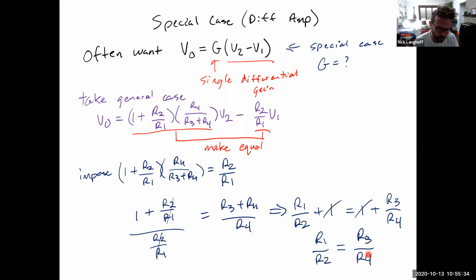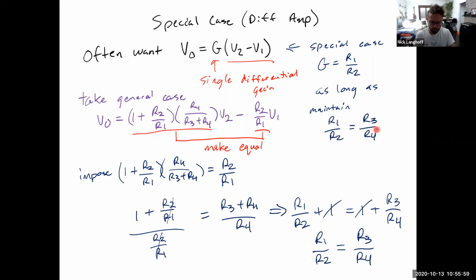So to get a single gain, G times the difference of V2 minus V1, G is equal to R1 over R2, as long as you maintain the ratio R1 to R2 is equal to the ratio of R3 to R4.